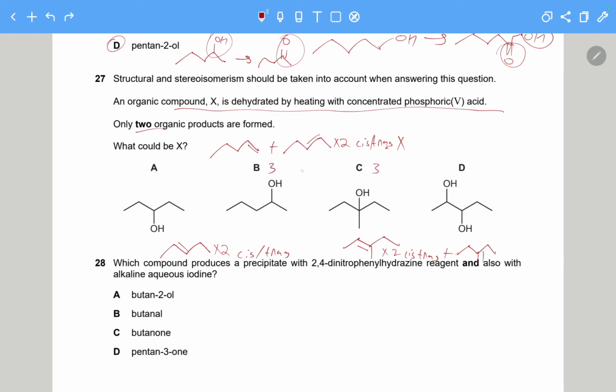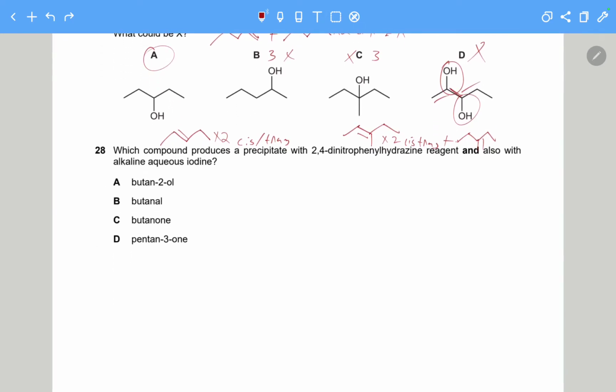So B and C are therefore not possible. Option D, oh god, lots of different combinations, because you can dehydrate this, you'll have this one and this one, you can dehydrate this, you'll have this one and that one. So too many options. D cannot be the answer. A is the only one which is giving 2 organic products.